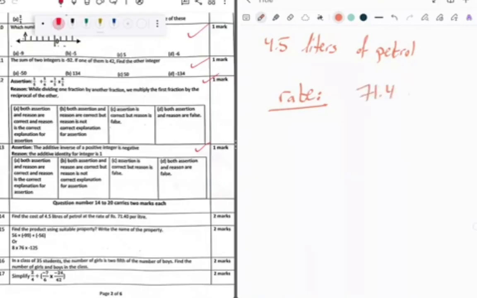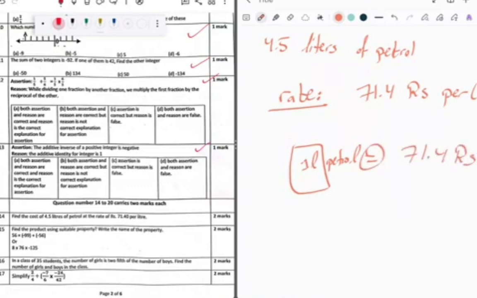71.4 Indian rupees per liter. Please put 1 liter of petrol and put next to it, not equals, in a certain way that it's going to cost 71.4 rupees. No, just show this example. 71.4 rupees per liter.